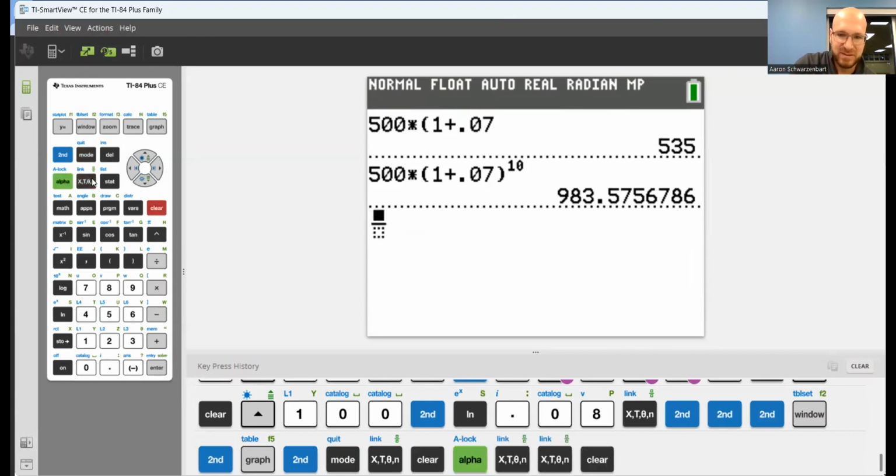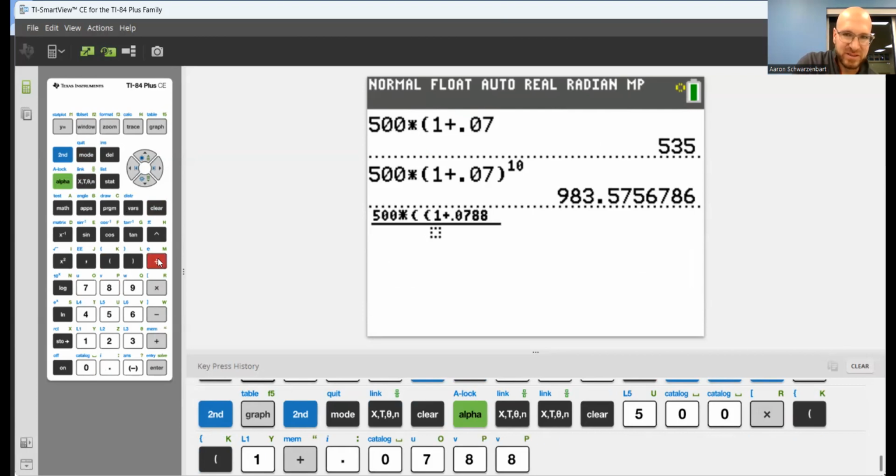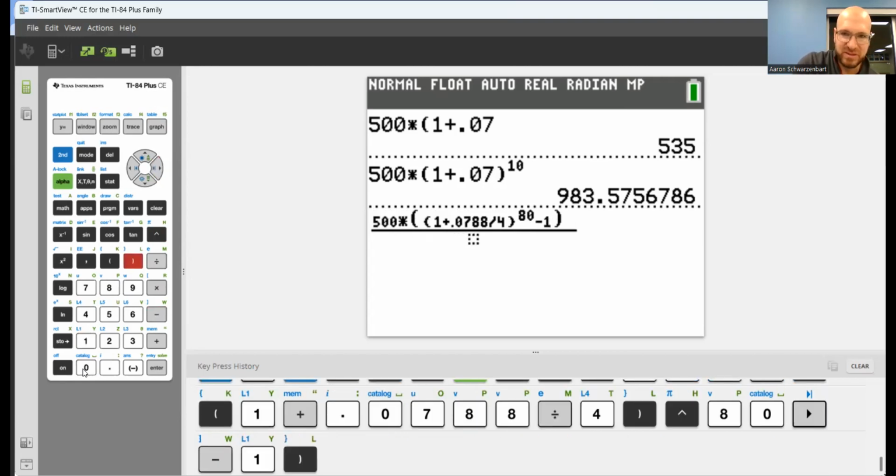Okay. 500 times, and I'm stuck with double parentheses here. 1 plus 0.0788. I'm just going to use a division here instead of a double fraction. To the power of 4 times 20, I can just multiply and get 80. I do need the -1 before I close my parentheses.